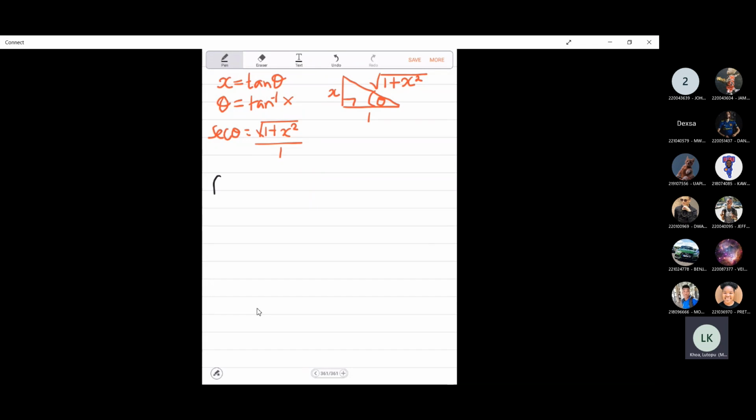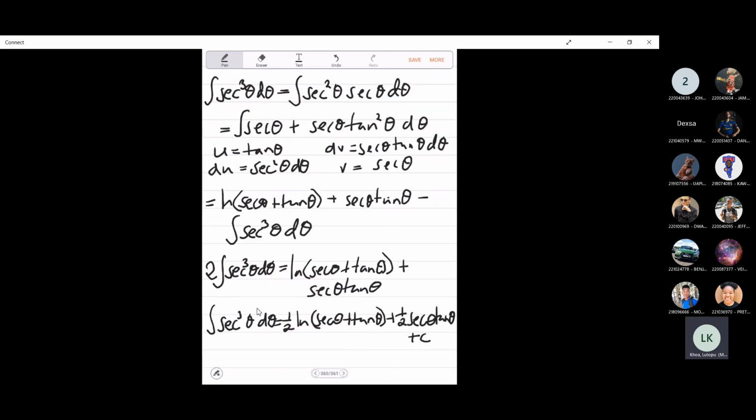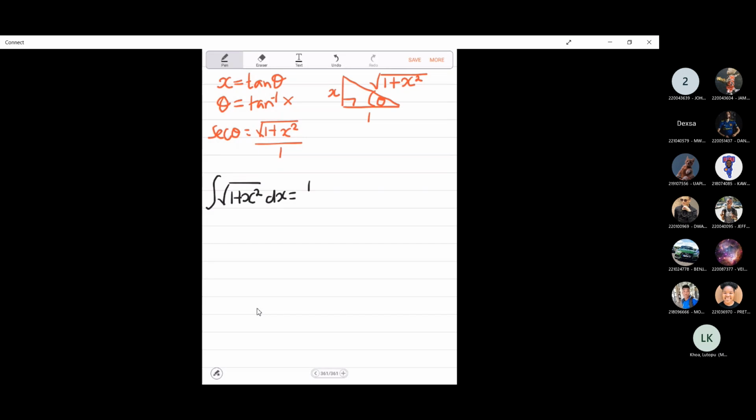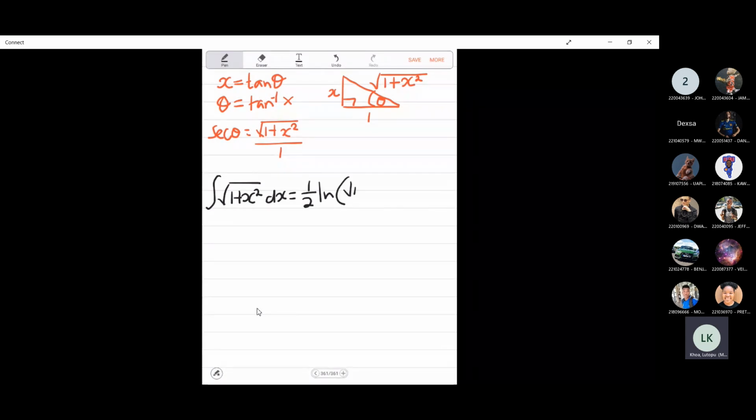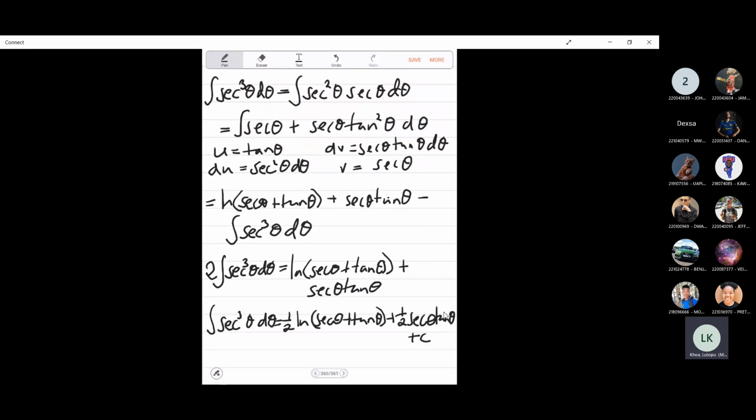We have the integral of the square root of 1 plus x squared dx. This is equal to a half ln of sec theta, which is the square root of 1 plus x squared, plus tan theta, which is x, and then plus a half sec theta times tan theta.